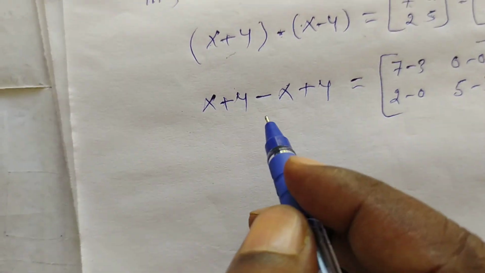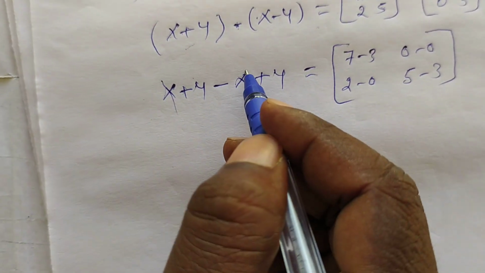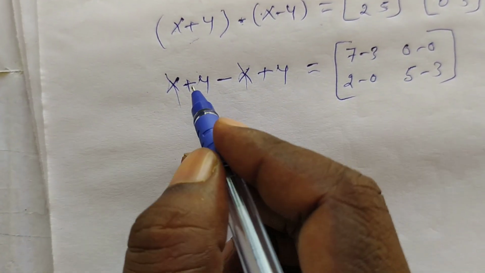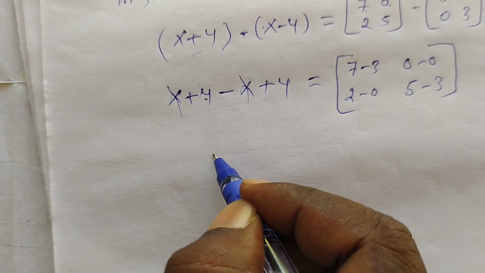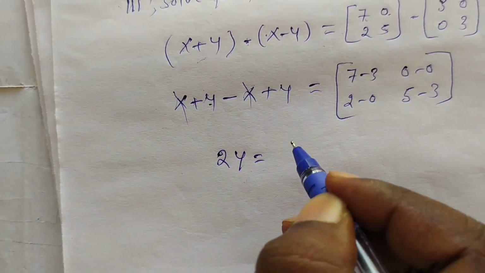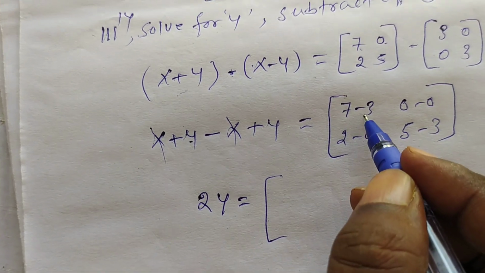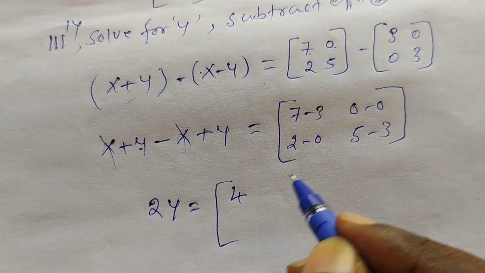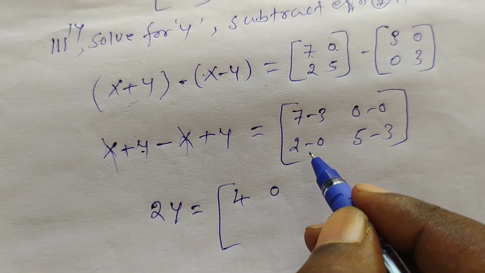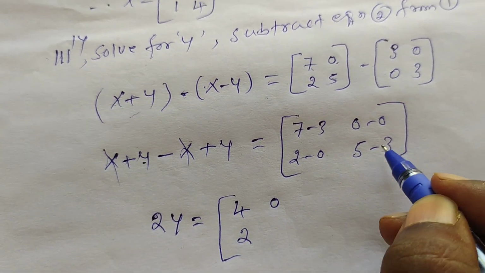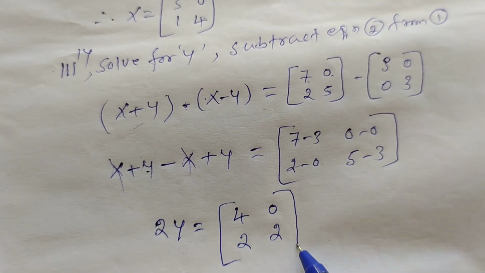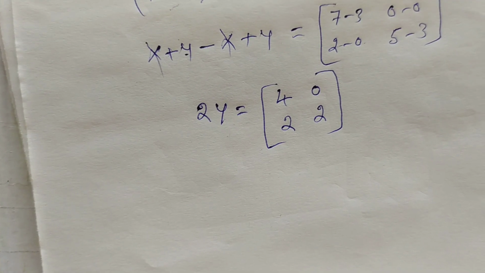Plus X minus X get cancelled. Plus Y plus Y is 2Y. Now 7 minus 3 is 4, 0 minus 0 is 0, 2 minus 0 is 2, 5 minus 3 is 2.